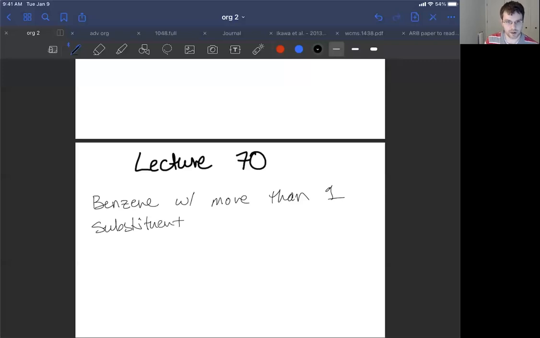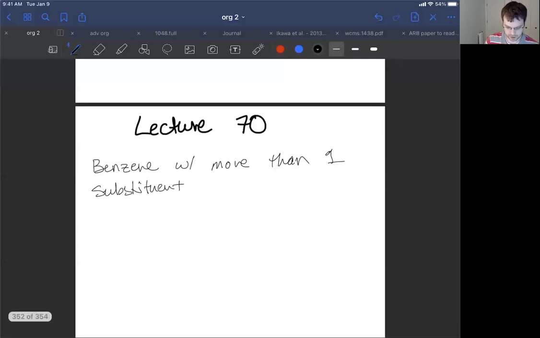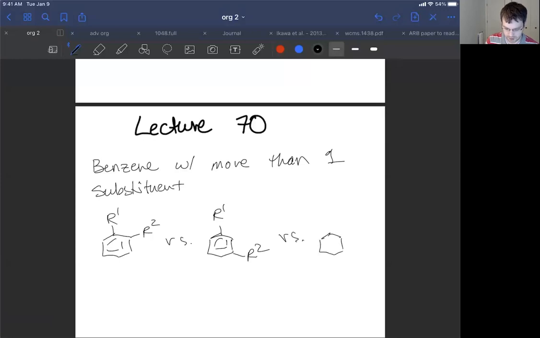That is to say, what if we have an R group that I'll just label as R1. We put an R group here, and then we put a second R group here, versus if they're here, versus if they are here, so ortho, meta, and para to each other.